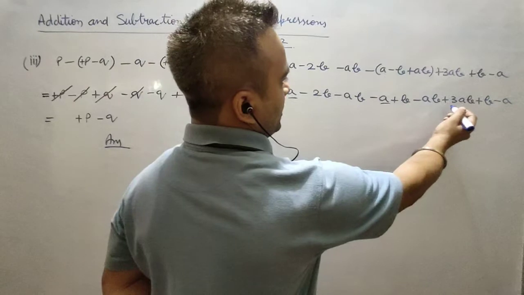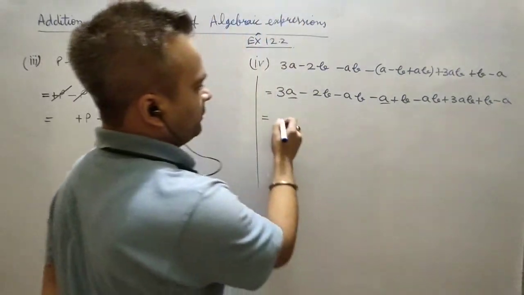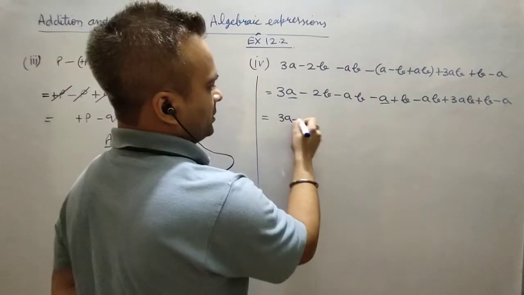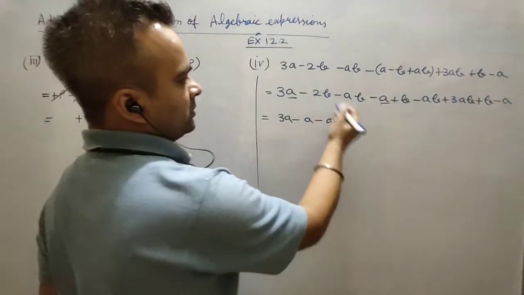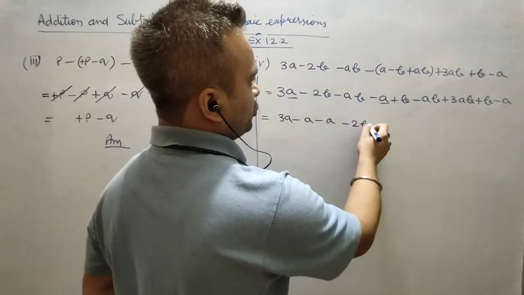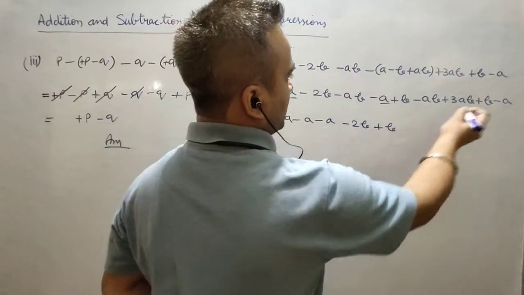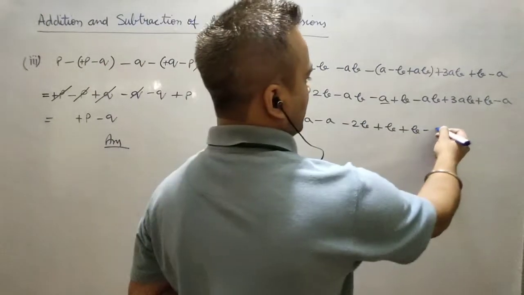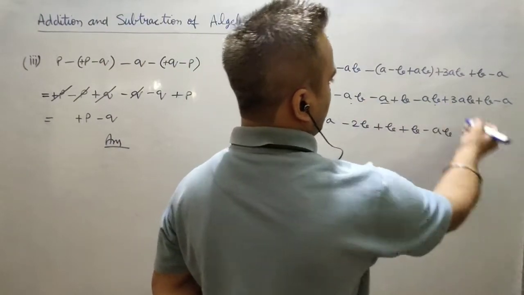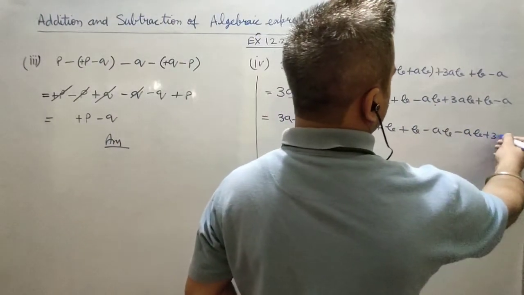This is the a family again, and this is the a family. So 3a, this minus a and that minus a, I am putting here. Now b family, minus 2b. This is the b family, and this is the b family.